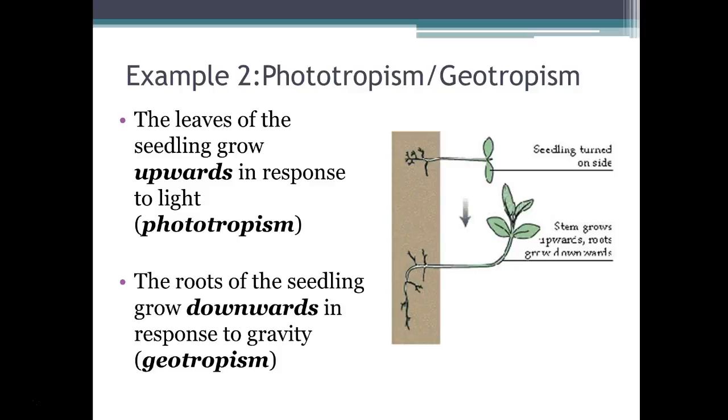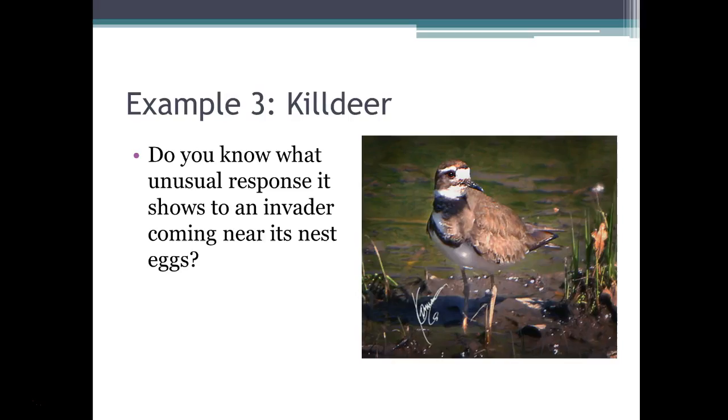And if you turn it around so that the green parts are facing inside the house, over a matter of 2 or 3 days, it'll turn back towards the window. So that's called phototropism, the stimulus being light. The roots will grow downward in response to gravity. So the gravity there is the stimulus, and that's called geotropism.